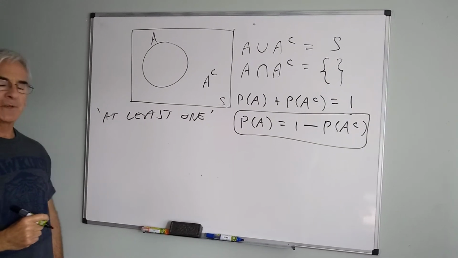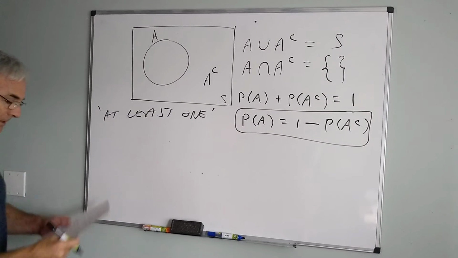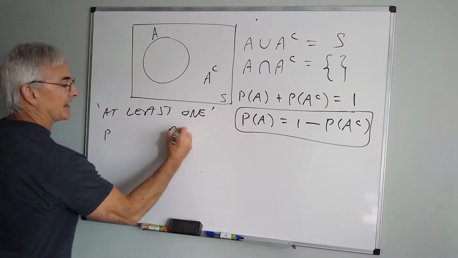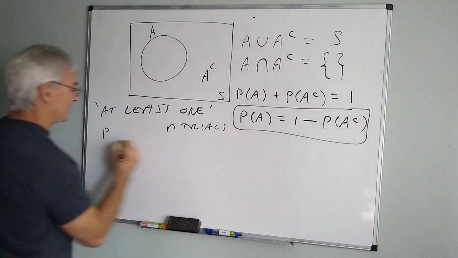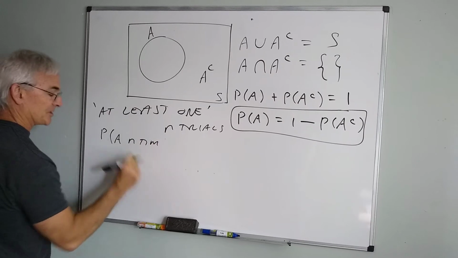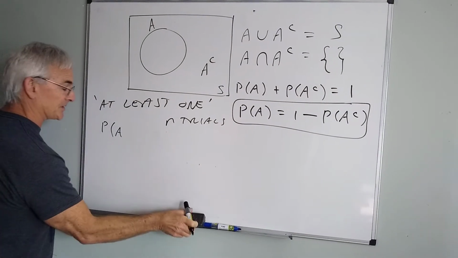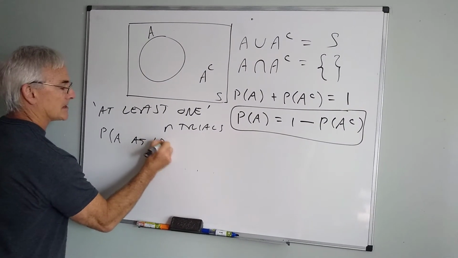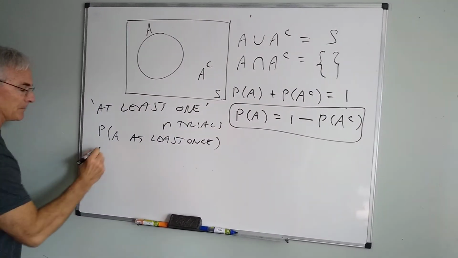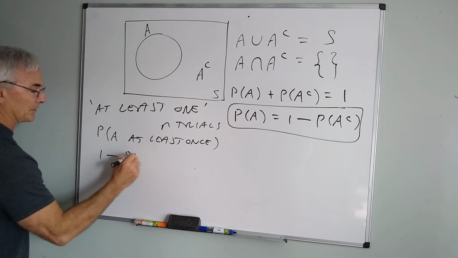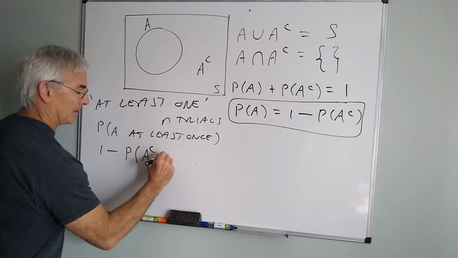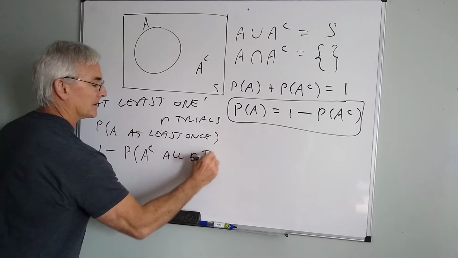Well, if the complement of at least 1 is none, then if I said let's do this n times, n trials, then the probability of A being successful at least once in n trials would simply be 1 minus the probability of A complement occurring every time. I'll put all n times.